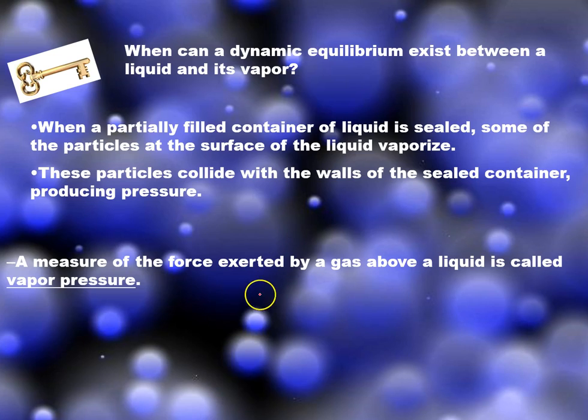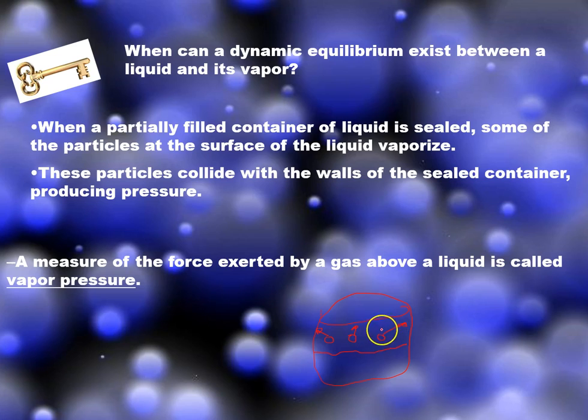And let's draw a picture of that. If we have our container, a sealed container, and we have liquid here, we have particles that are going to escape the liquid, and they're going to bounce off and collide with the sides of the container.